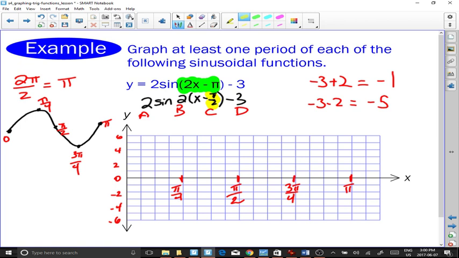So if we would have started right here on the axis, we're now moving 8 grid squares to the right. 1, 2, 3, 4, 5, 6, 7, 8. So that beginning point that would have been way over at the beginning is now right here under the pi over 2.